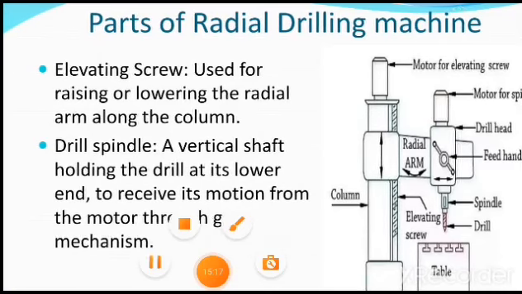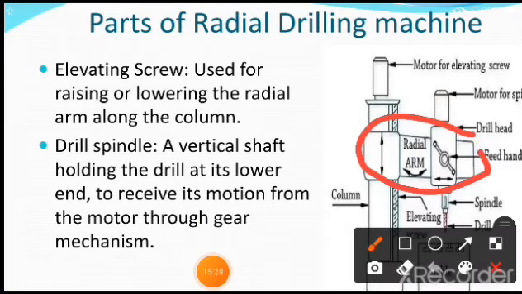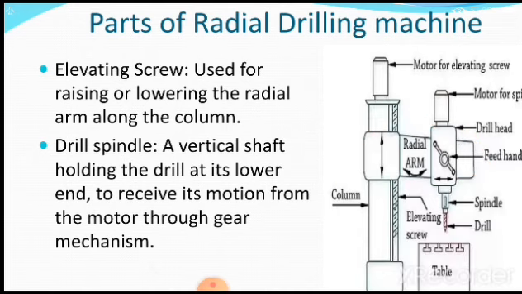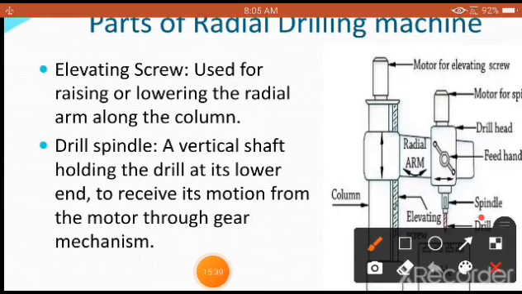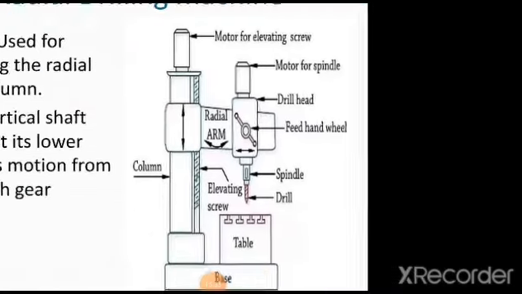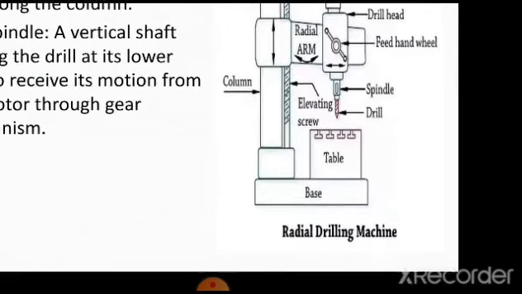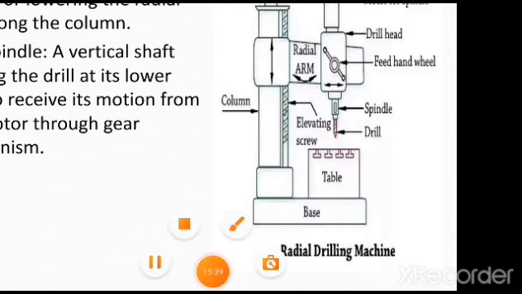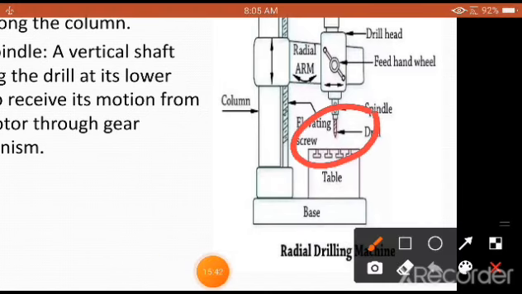Now if I want to adjust this part, which is known as the radial arm, up and down, this adjustment is made according to the thickness, or the height, of the workpiece to be clamped on the work table. We require to adjust this radial arm along the column.